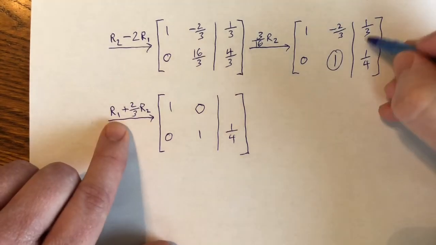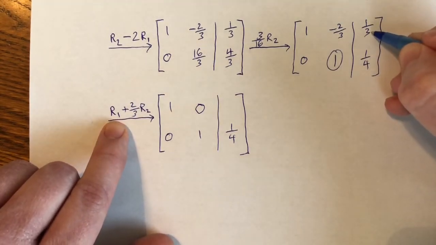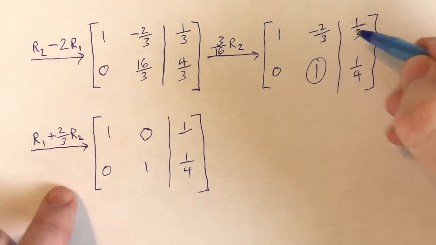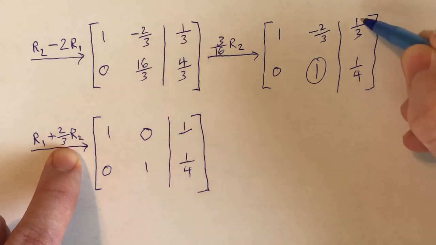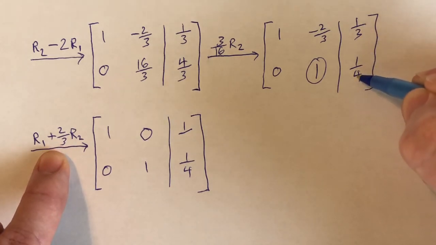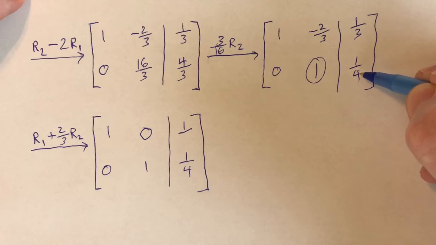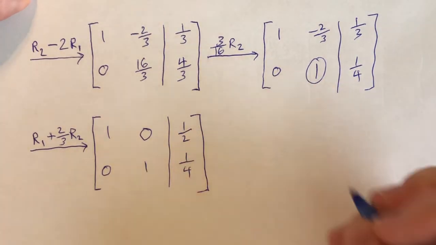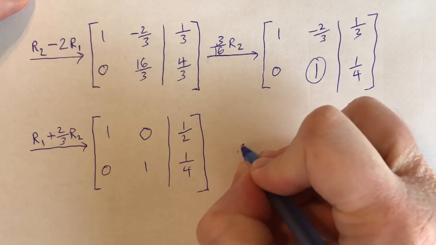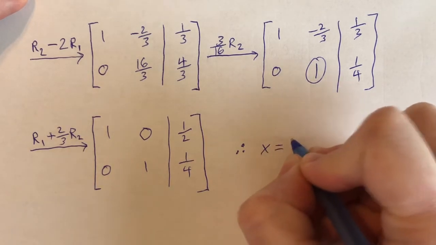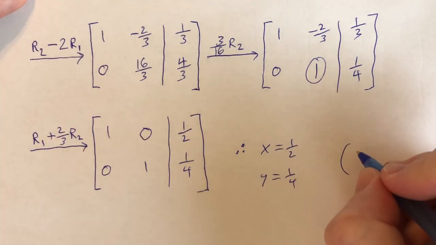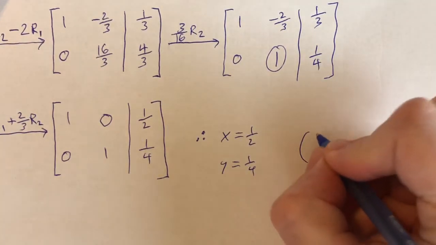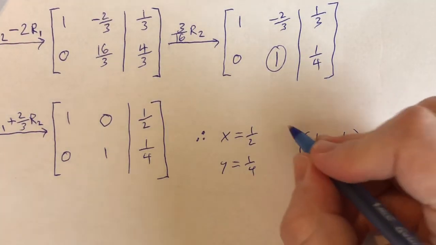Final step, column 3: 1/3 plus 2/3 times 1/4, you end up getting 1/3 plus 1/6. And I believe 1/3 plus 1/6 is the same as 1/2. Therefore, X is equal to 1/2, Y is equal to 1/4. So in other words, you have an ordered pair at 1/2, 1/4. This is exciting stuff, isn't it?